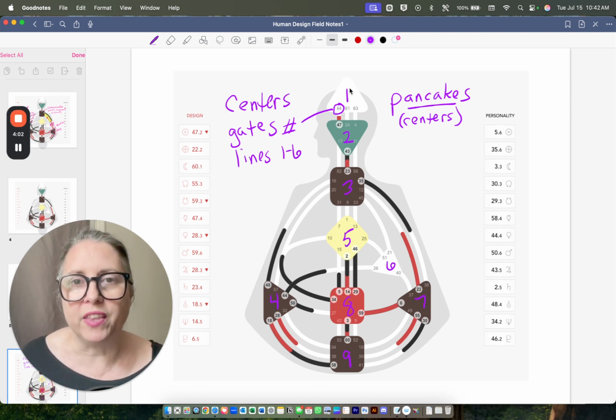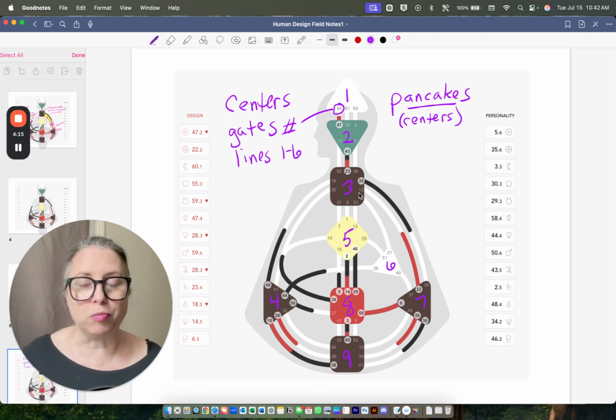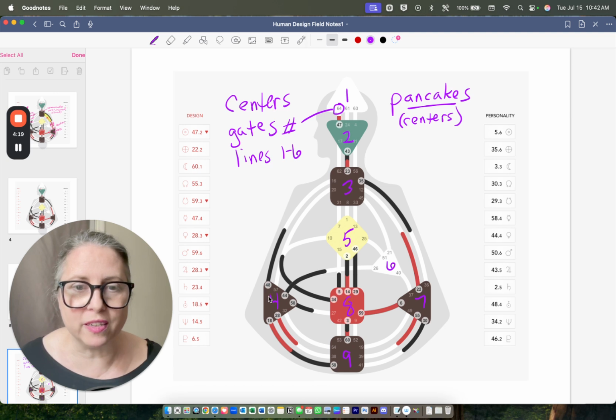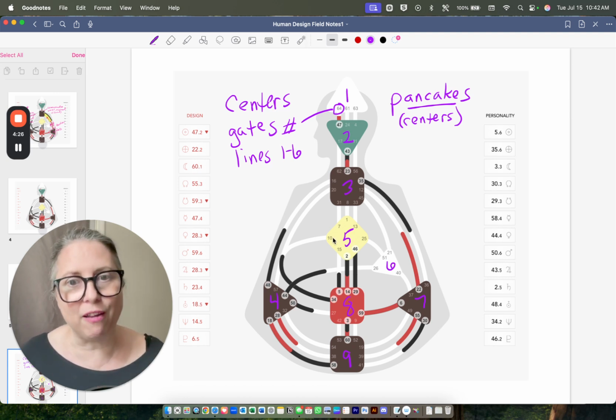So like the head, it's the idea pancake. Number 2, the ajna, that's the conceptualization pancake. Number 3, the throat, is the communication and action pancake. Number 4 is the spleen. It's the well-being pancake. Number 5 is identity, and that's that flavor of pancake.